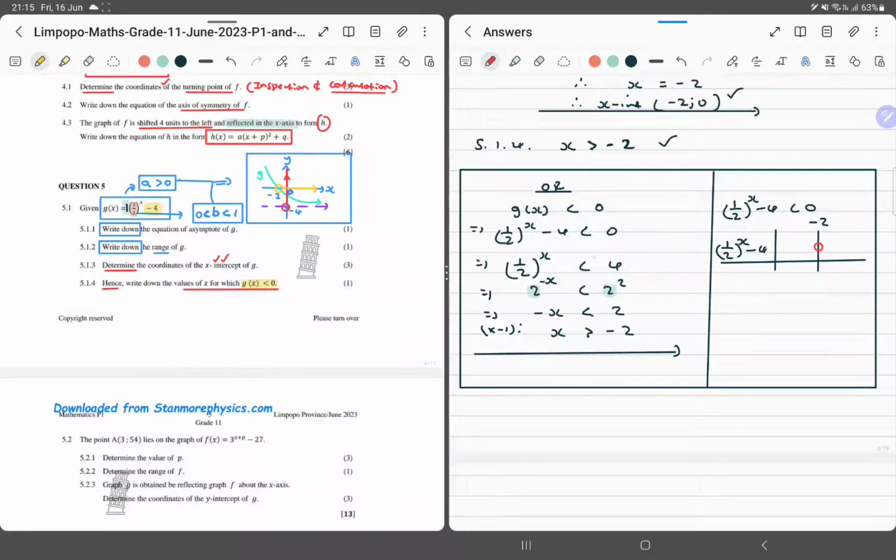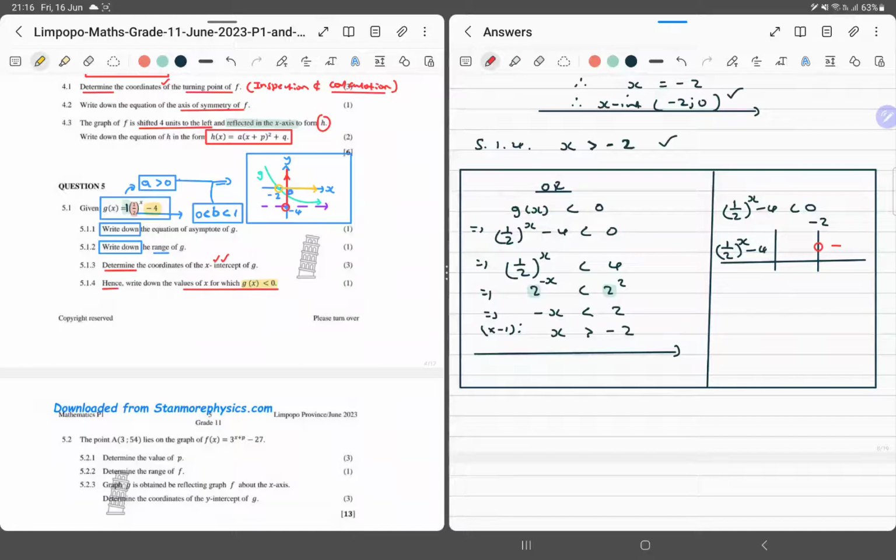Anyway, anyhow, let's have a look. Now, when you put a number greater than that, say, for example, you put a 0 out of convenience. This becomes 1. Now, anything to the exponent 0 is a 1. So that means we will get a negative answer here. I can tell you that. Even if you put a 2, for example, 0.5 to the exponent 2, you get a quarter minus 4.